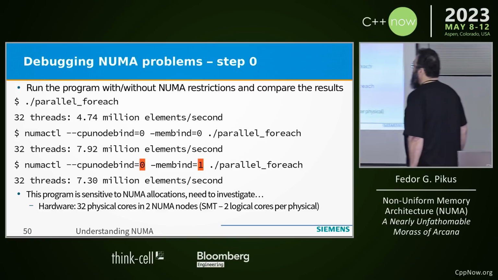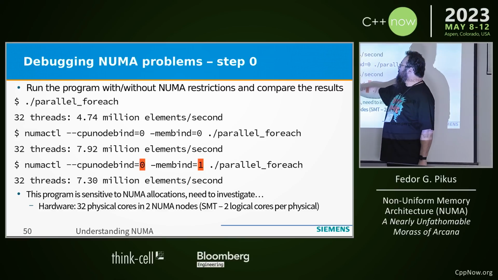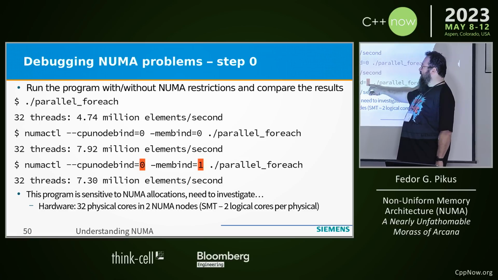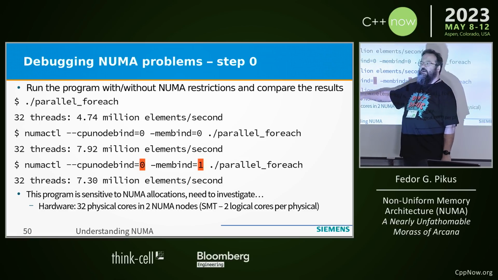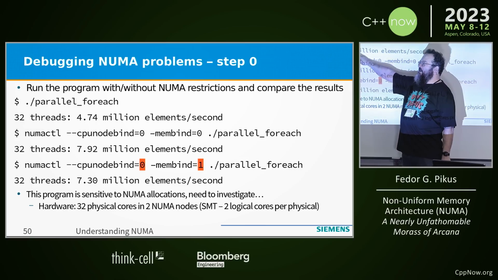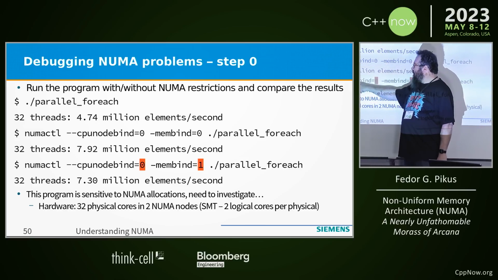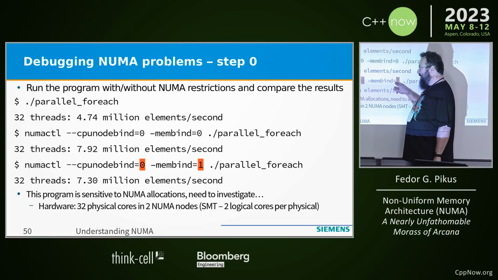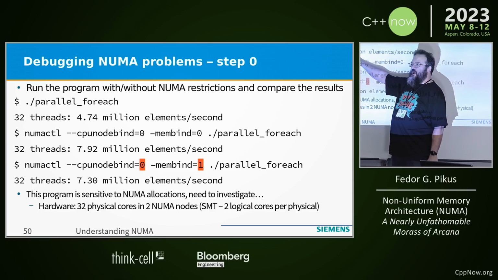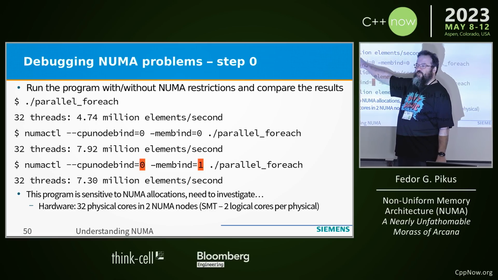So I must be seriously memory bound on this. Okay, let's see how seriously I'm memory bound. I'll run it cross node. 7.3 million, which is still better. It's a little slower, so there is some penalty for going cross node, but actually running it cross node is better than running it unrestricted on all cores of the system.